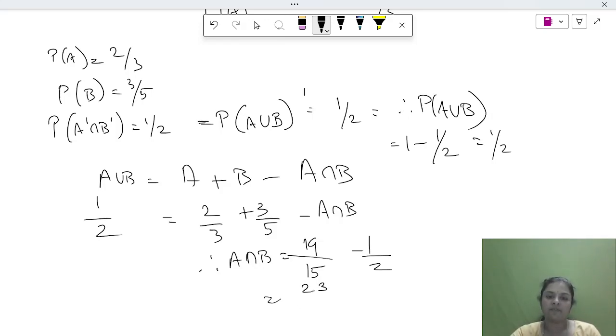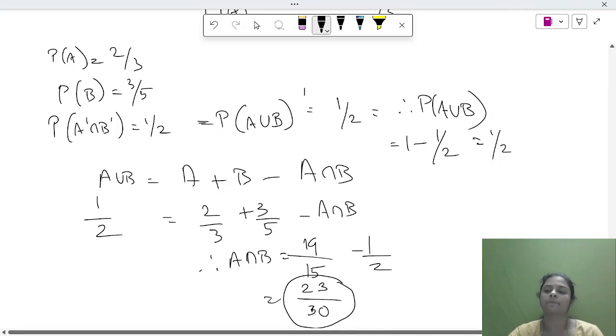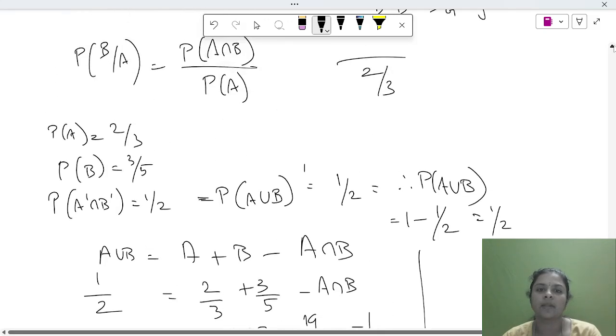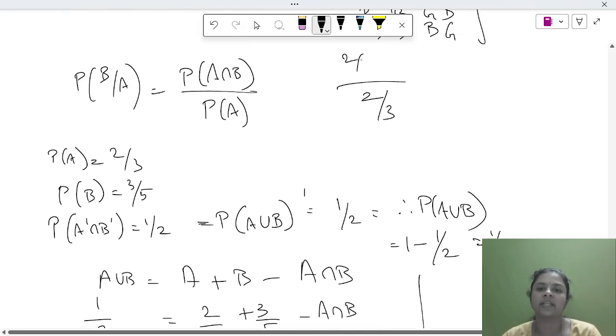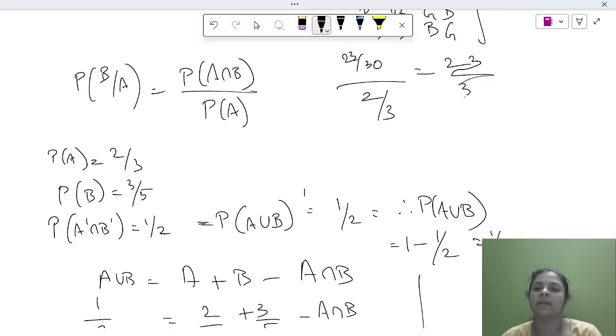So the probability of A intersection B will be 23 by 30. Now substitute. The formula is P of A intersection B is 23 by 30. So you can substitute this as 23 by 30 into 3 by 2.